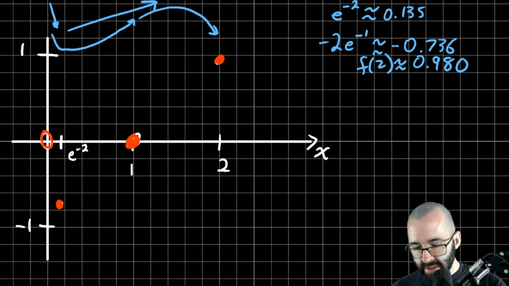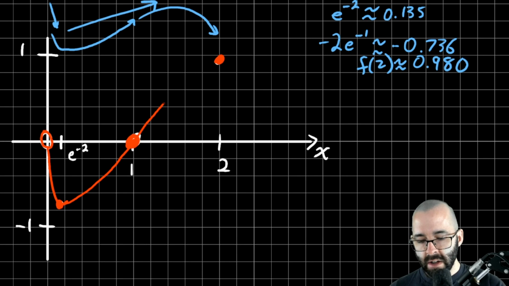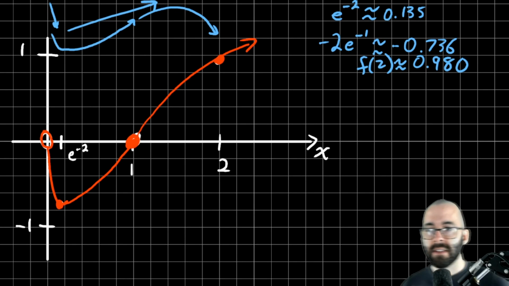So we start here, decreasing concave down, local minimum, now increasing concave up, and now it turns to become concave down again. But it's still increasing, right? So it never starts decreasing, it's increasing everywhere here. This is our guess.